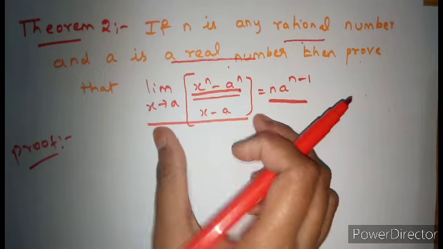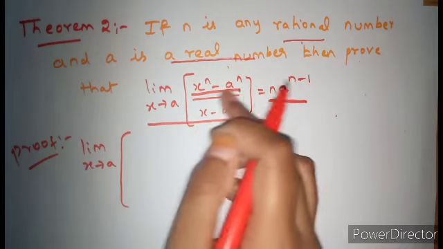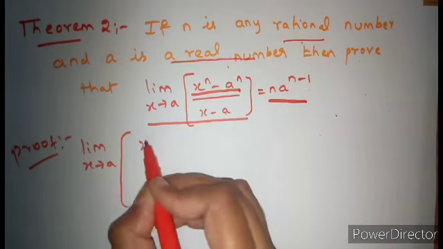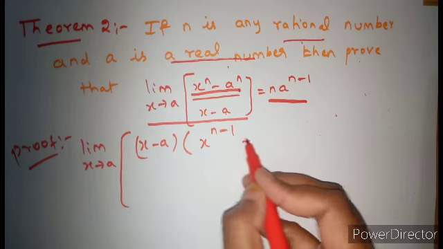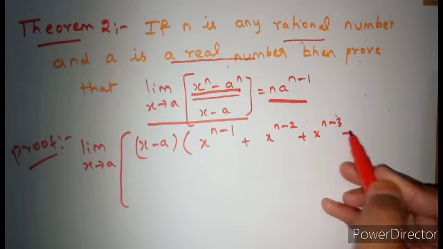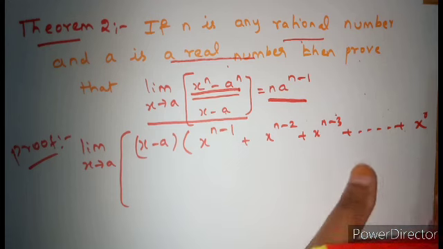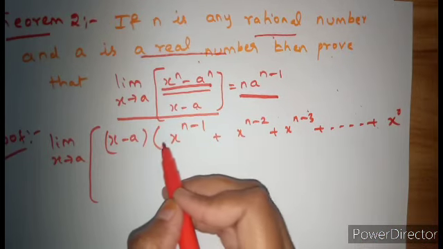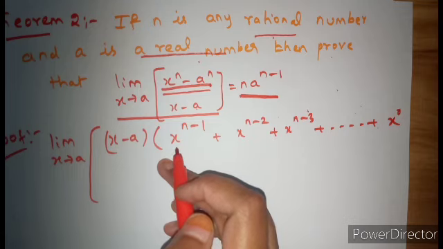So we have got limit x tends to a, put as it is. We have got x power n minus a power n as x minus a. Next x power n minus 1, x power n minus 2, x power n minus 3 and so on up to x power 0. Now a is increasing, so there is no need for writing a power 0 and x power 0.